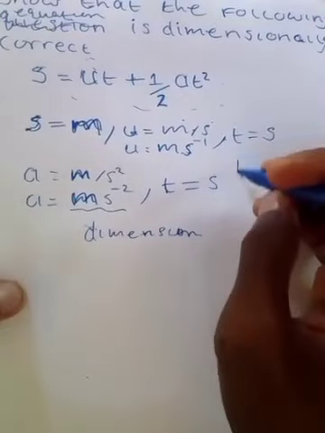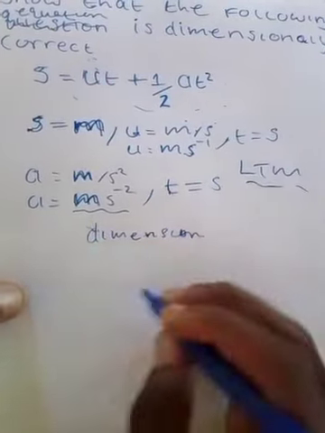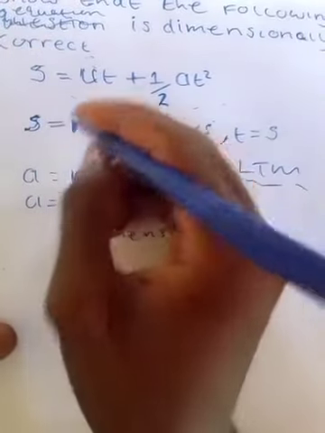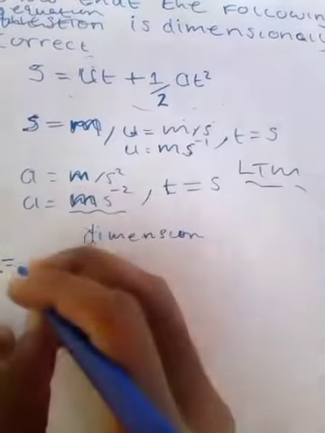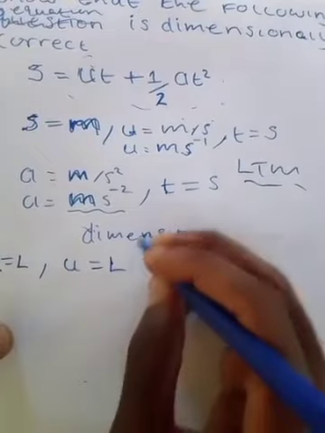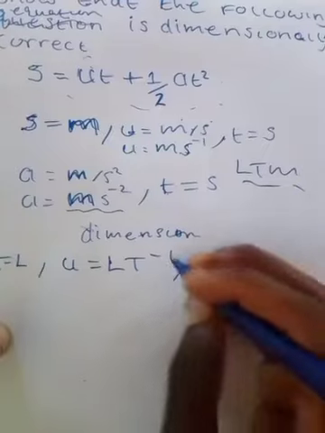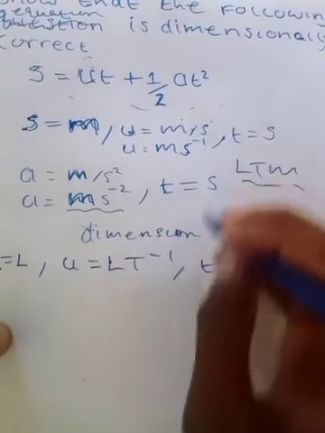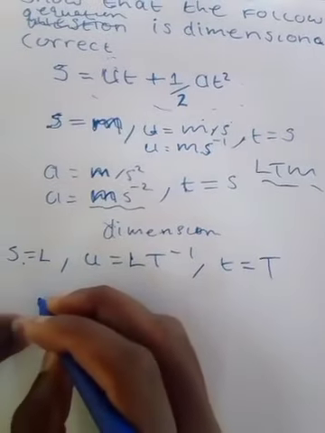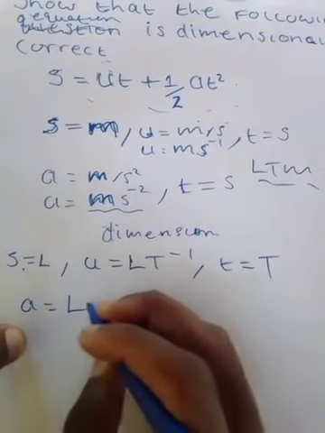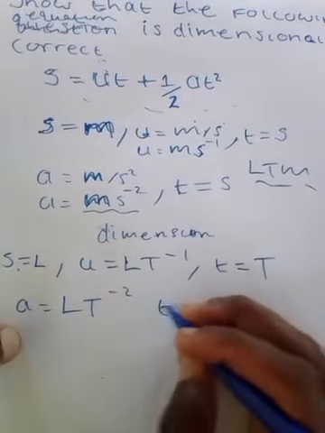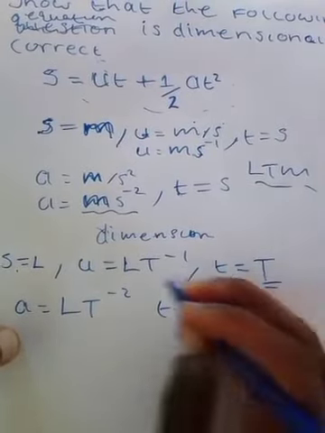Now let us replace: for meters, the dimension is length, so here I'll put L. Time is still going to be T. And for acceleration, we're going to have L T raised to the power negative 2. Now we have the dimensions.